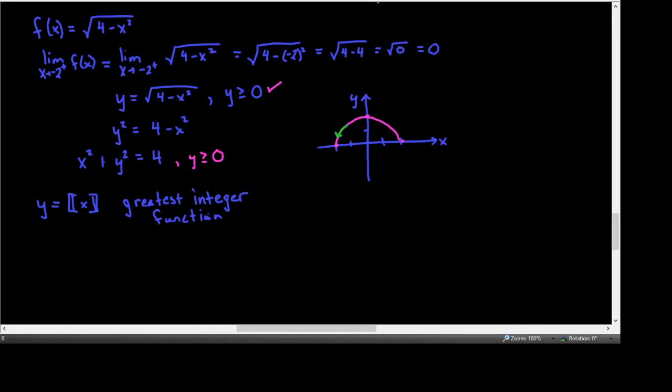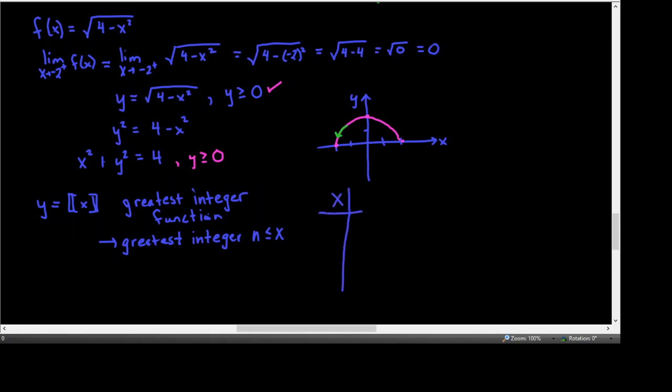So this will give us the greatest integer. That's what this symbol around x does. It gives you the greatest integer n that's less than or equal to x.